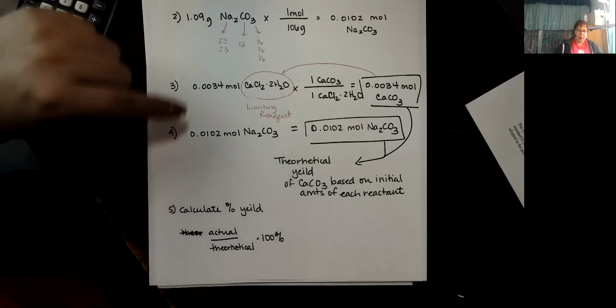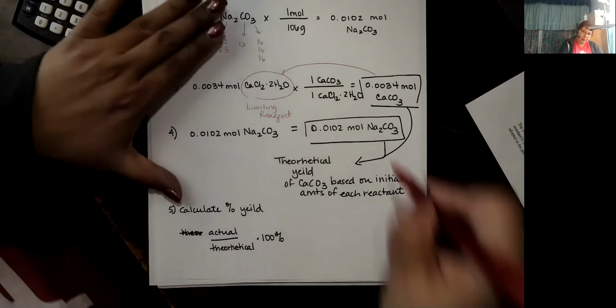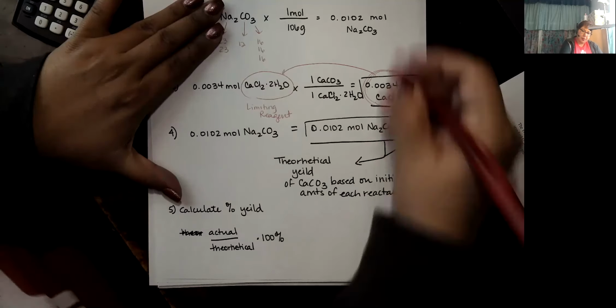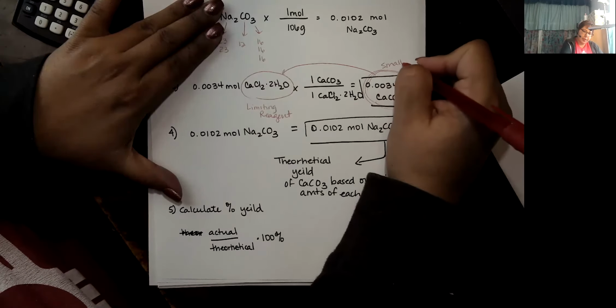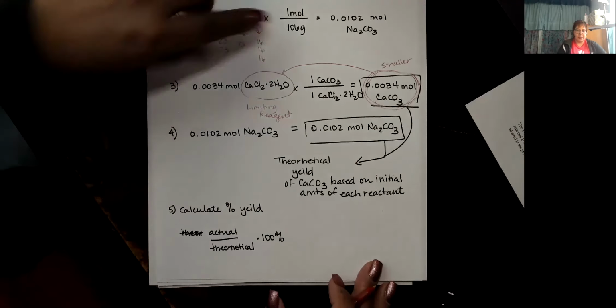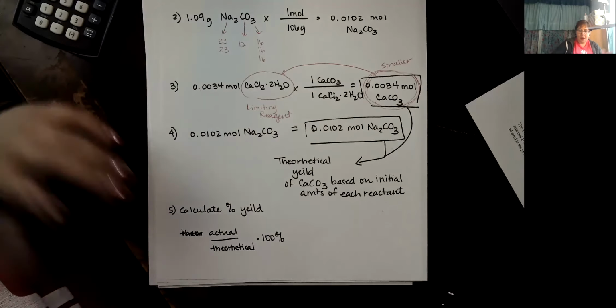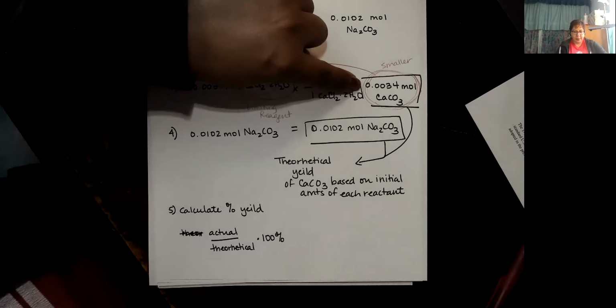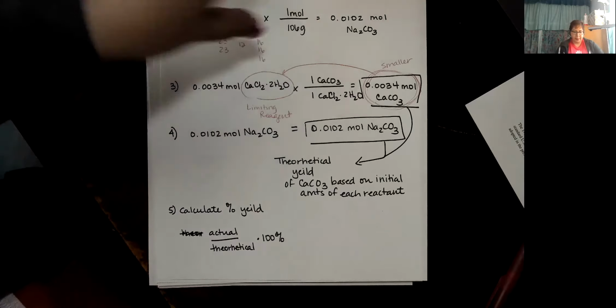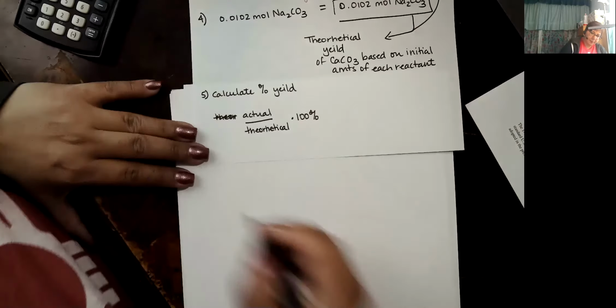So we already calculated our theoretical yield, and it was this smaller number. So I can convert this number to grams if I want to, because it's going to be based on the grams of calcium carbonate.